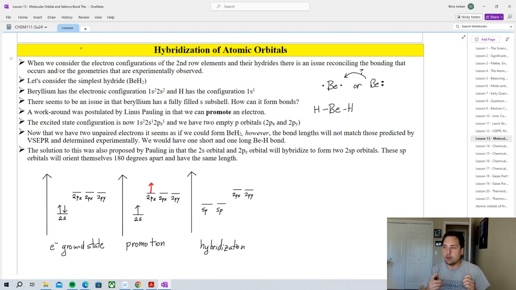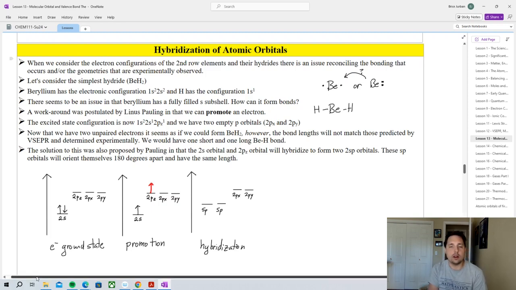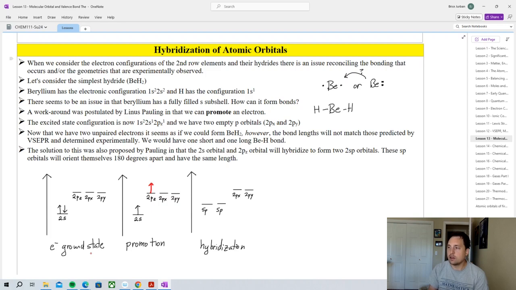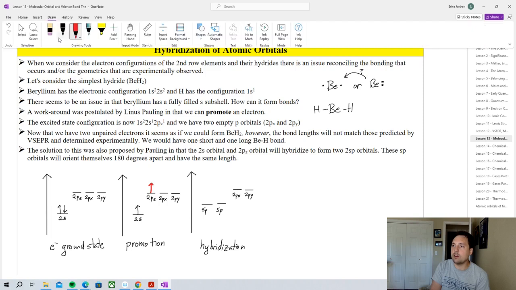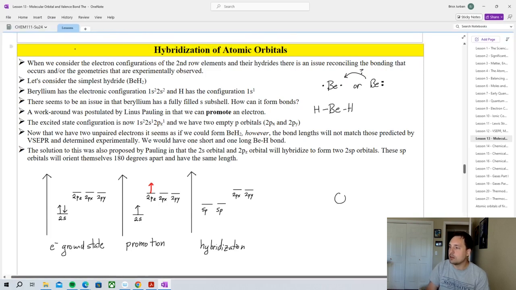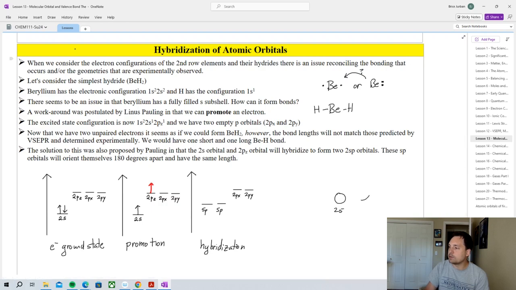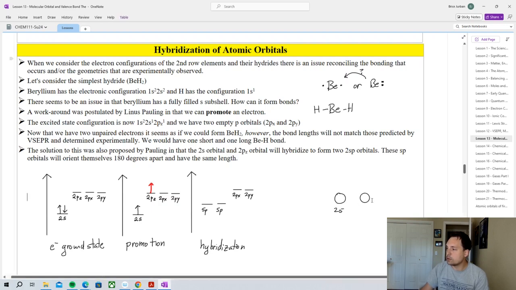There is a problem with this, though, because if a 2s orbital combines with a 1s orbital, and then a 2pz orbital overlaps with a 1s orbital, we'd end up getting different bond lengths and the incorrect angles, because a 2s orbital is spherical, and then a 2p orbital is dumbbell shaped.